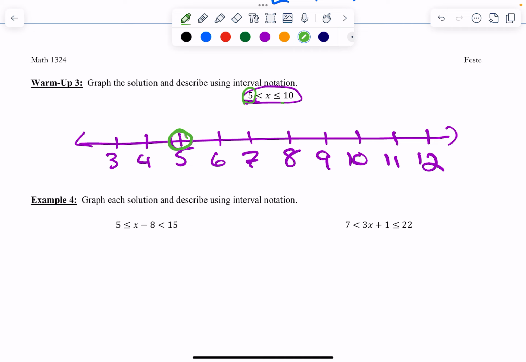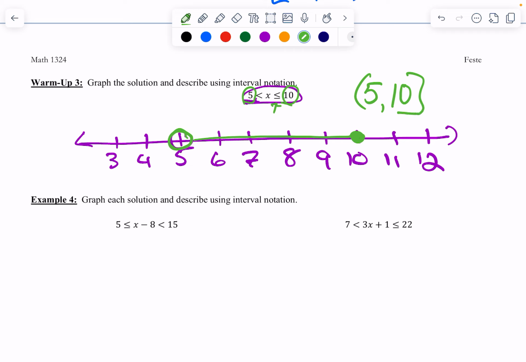Our right side is at 10, and we can see that we have the equal sign. So the 10 is going to be a dot, and all the numbers in between are going to be included. So with interval notation, this would be parentheses 5 to 10 bracket.